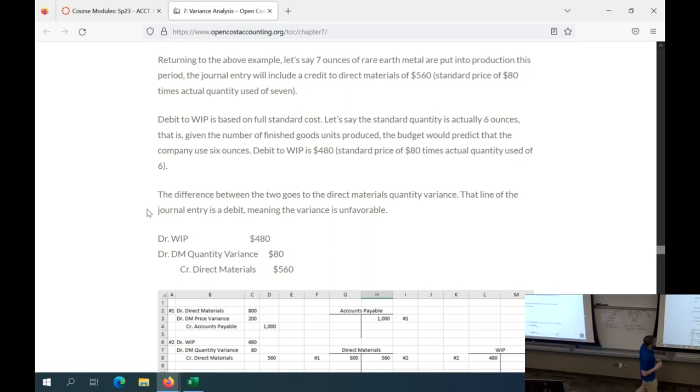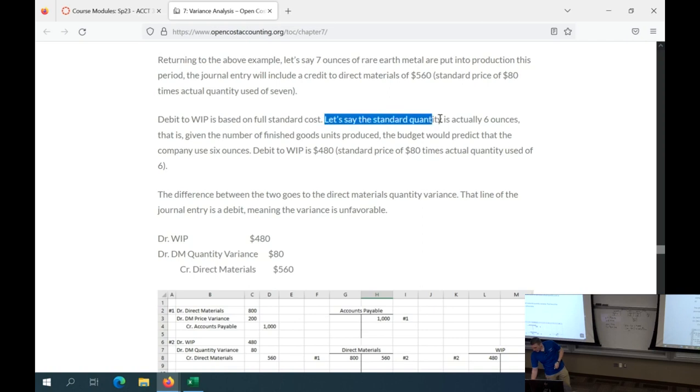So 7 ounces of rare earth metal are put into production, so that we can now credit direct materials $560. That's the standard price of $80 per ounce times the 7 ounces used. So we're crediting $560.